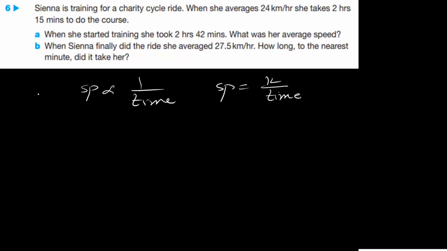So we have the value in this way, K equals speed times time, which is 24, speed is 24 kilometers per hour, but we need to know the time. How do we write this time, 2 hours 15 minutes? We know that speed should be 24 kilometers in hours, which means we have to convert 2 hours 15 minutes into hours.